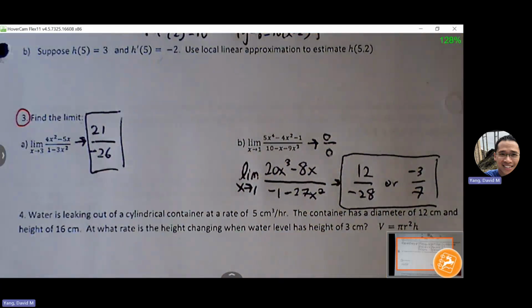If you don't reduce your fraction, that's okay, but you have your calculator, so it's not too bad. Okay, any questions with 3?